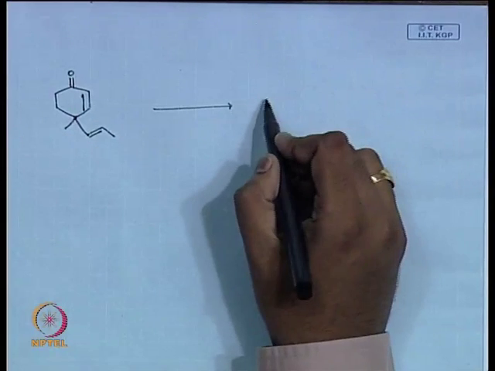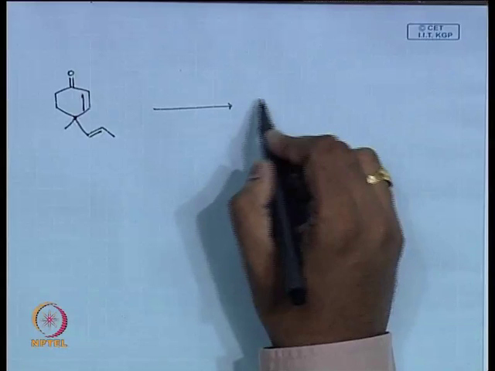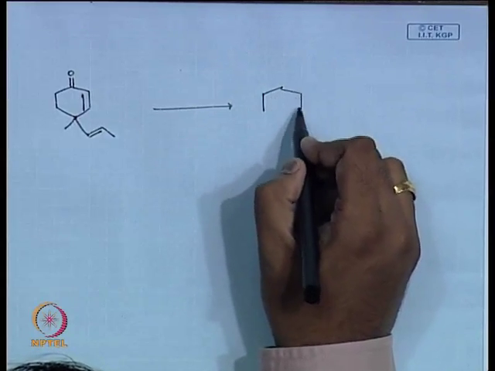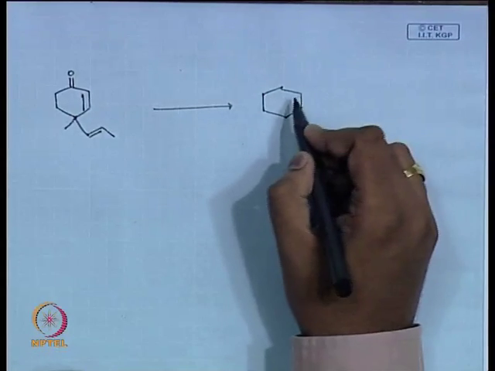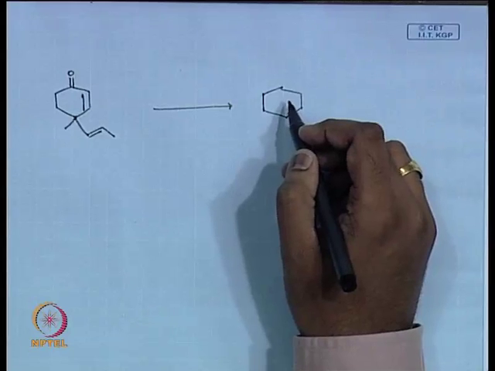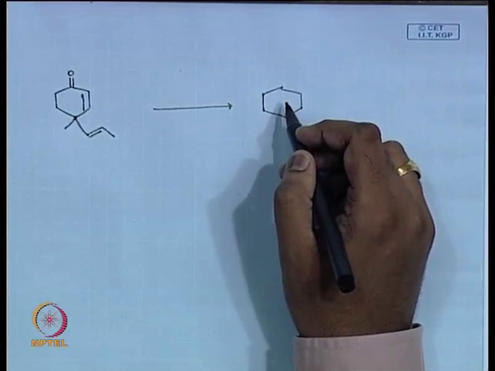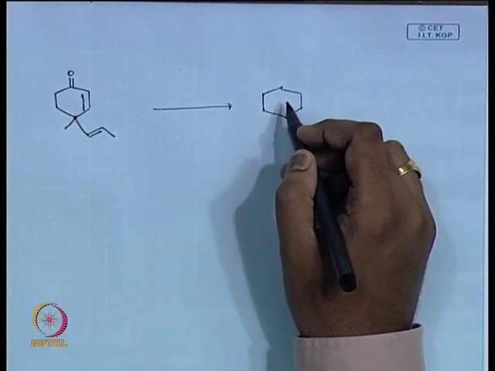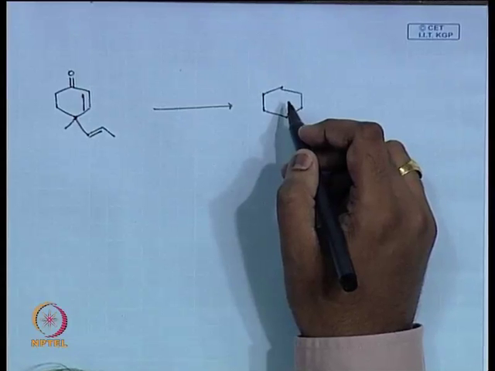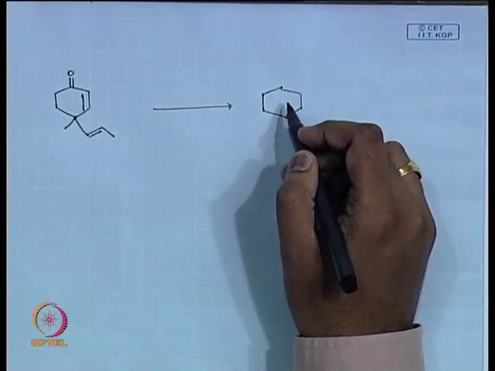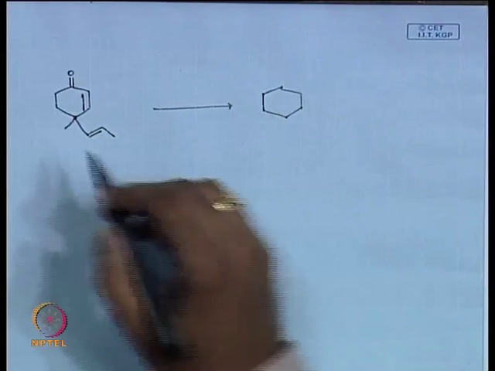Now you know very clearly, it is the stability of a radical. Methyl shift. Why? Allylic radical is stable, no?